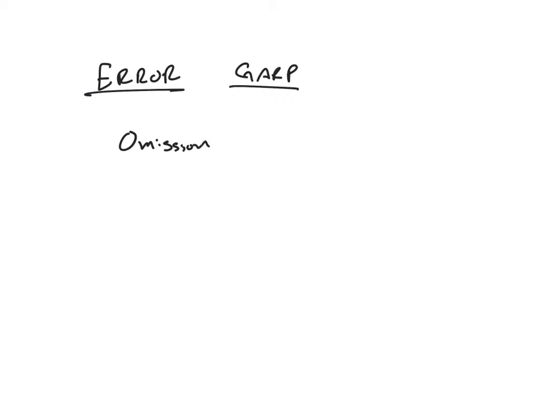So let's have a brief summary of what's in this talk. In this video, we've learned about the two types of error that we define in the desktop GARP modeling process. The first is omission, or a false negative.